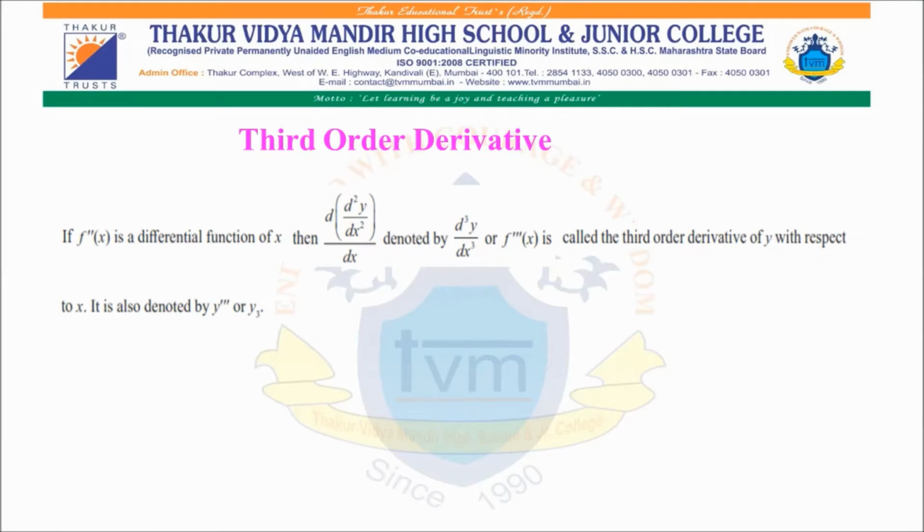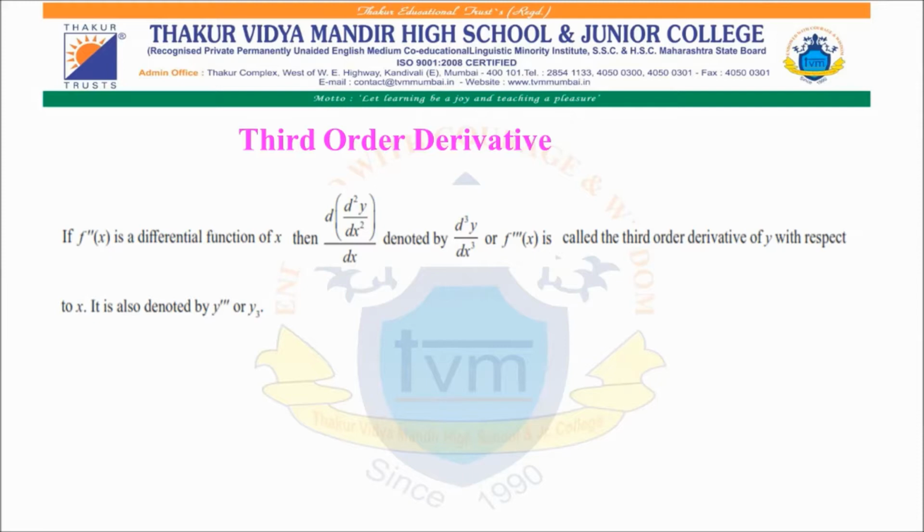Now third order derivative. To get third order derivative you have to differentiate the function 3 times. So if y equals f of x is any function, you differentiate it once, you get dy by dx or f dash x.